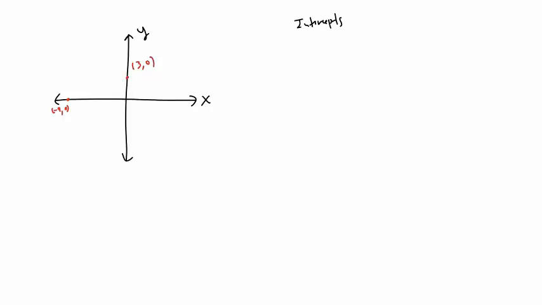So let's sketch the graph. The first thing we'll do is plot the intercepts. We have the x-intercept of minus 9 comma 0, and the y-intercepts of 3 comma 0 and minus 3 comma 0.